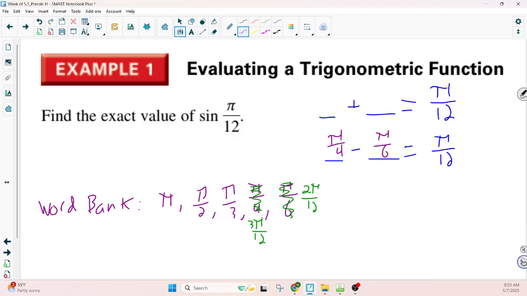Okay, so we're going to do pi over 4 minus pi over 6 equals pi over 12. We need the formula. Let's pull that formula. Is it going to be sine of u minus v? Does that make sense? So kind of like these were inside of the sine, agreed? So we're going to get rid of our word bank for a second.